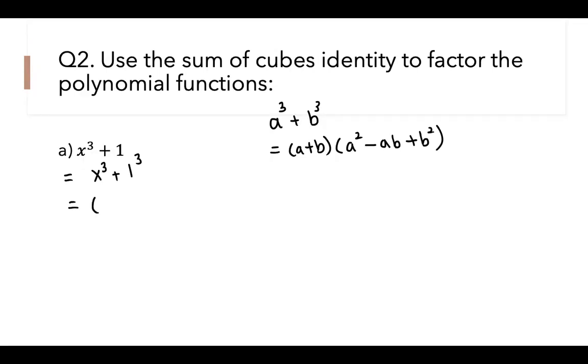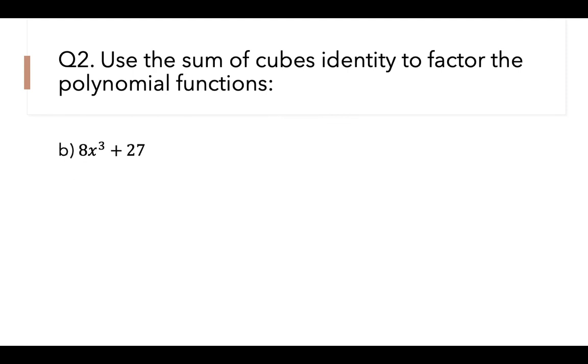Then using this formula, we plug in x plus 1, and then a squared, which is x squared, minus x, then plus 1 squared, which is 1. And that is the most factored form of a sum of cubes.